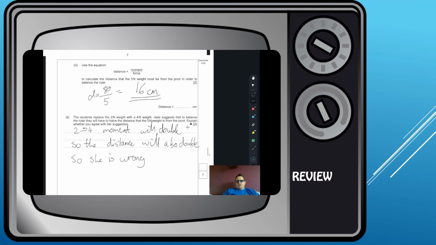Okay, 2 marks: one for saying that the moment will double, the next mark for that sentence there. You could do it by maths. You could just do 4 times 40 is 160. So 160 divided by 5 is 32. And again, you basically said double, so she's wrong.